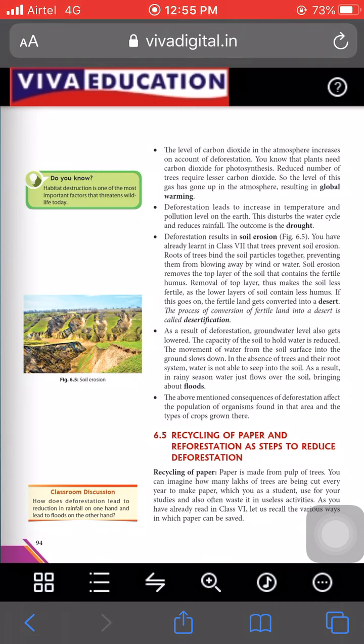So next is recycling of paper and reforestation as steps to reduce deforestation. First of all, reforestation. When a forest is cut in a large amount, and at that place trees are grown naturally, not with the help of human activities. ठीक है, तो उसको हम क्या कहेंगे, reforestation.